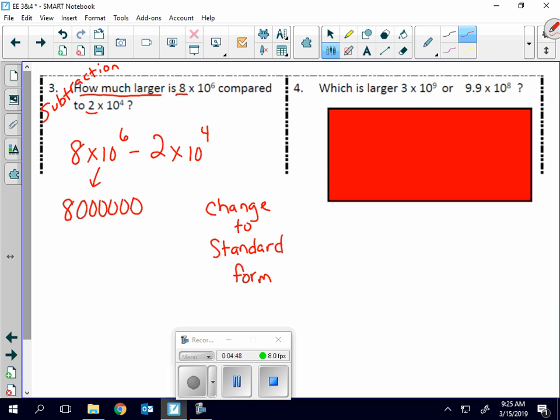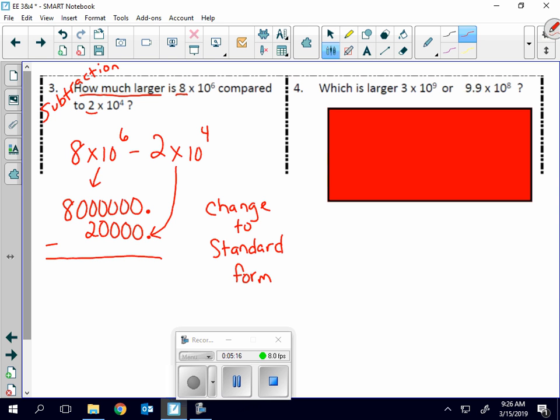And 2 times 10 to the 4th power, I'm going to put it down here because we're going to subtract the 2. With a 10 to the 4th power, that's going to leave us with 4 zeros. And I, of course, want to line up my decimals. Right now, the decimal on this one is right here. So if I line up the decimal here, I want 1, 2, 3, 4 zeros, line them up very carefully, and then a 2 here.